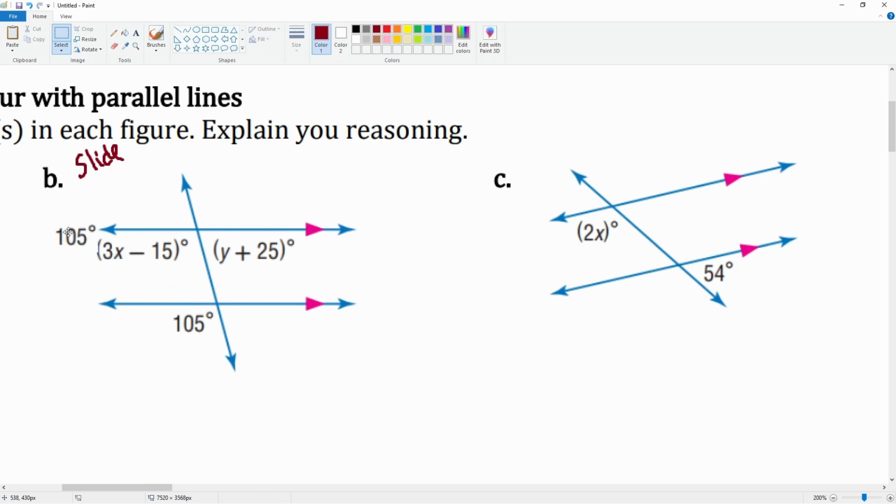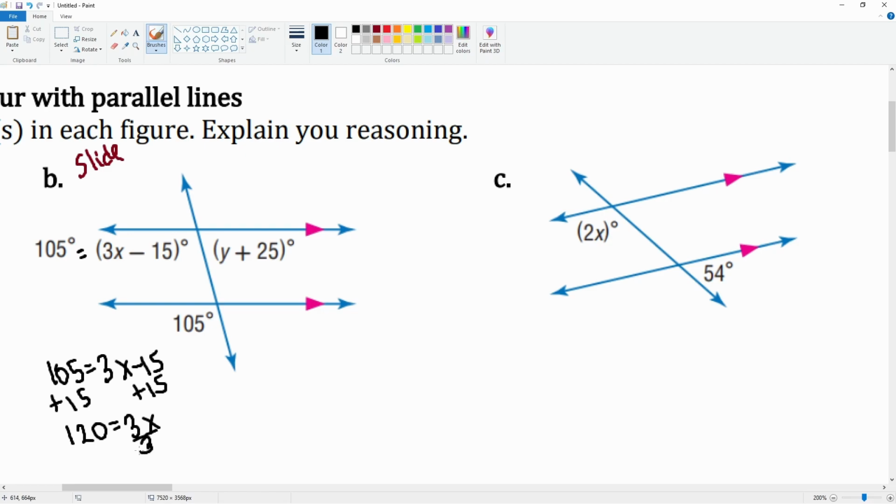So if we slide it up, these two have to be the same because they're both on the bottom left. So this means 105 degrees is equal to 3x minus 15. Let's add 15 to both sides. We get 120 is equal to 3x. Divided by 3, you get 40 is equal to x.